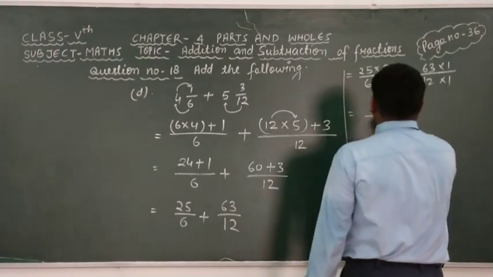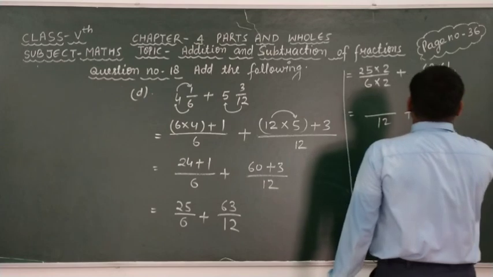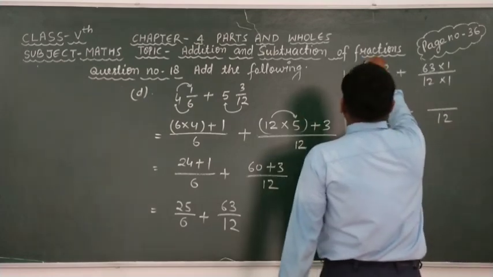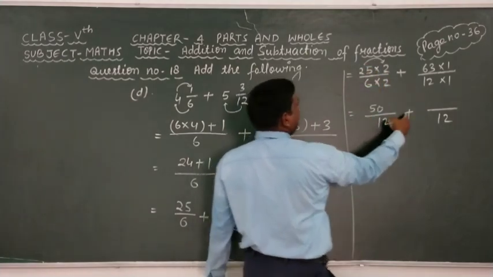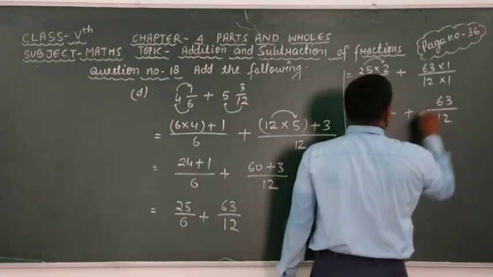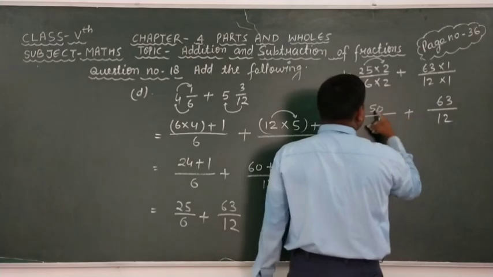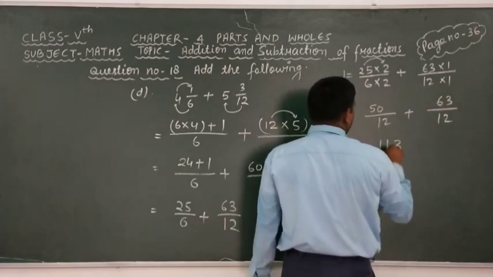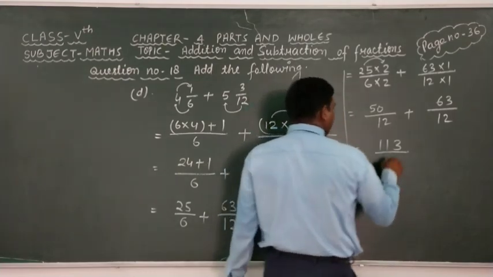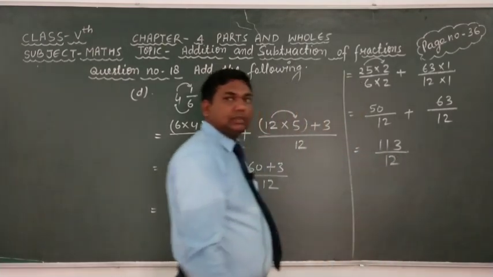Okay. 6 twos are 12 plus 12 ones are 12 and 25 twos are 50. 25 twos are 50 plus 63 ones are 63. After adding this we get 3 plus 0 is 3, 6 plus 5 is 11. Okay. Divided by 12.